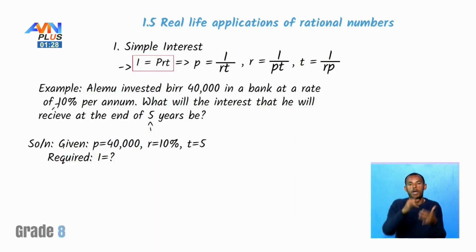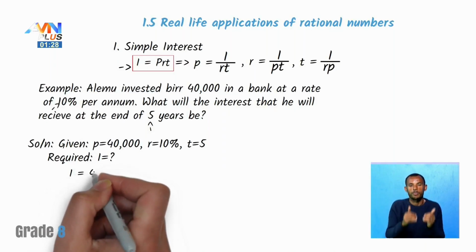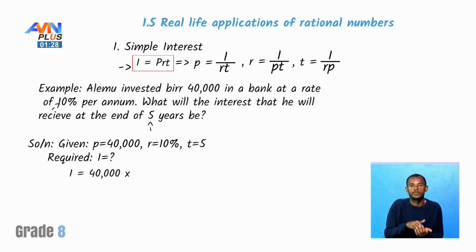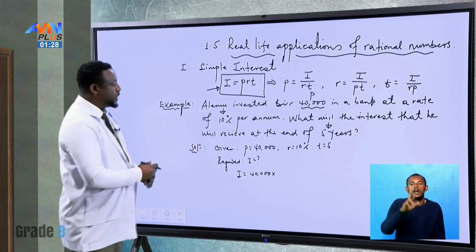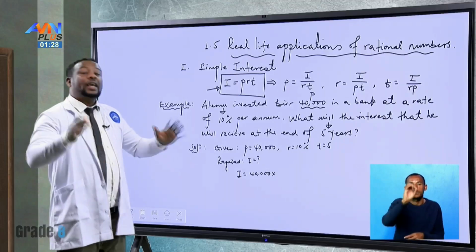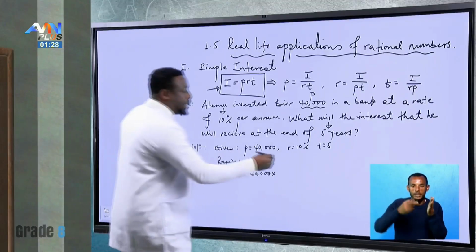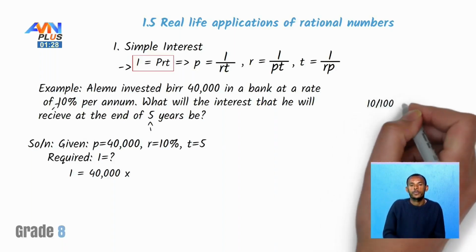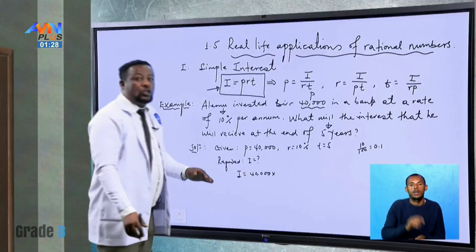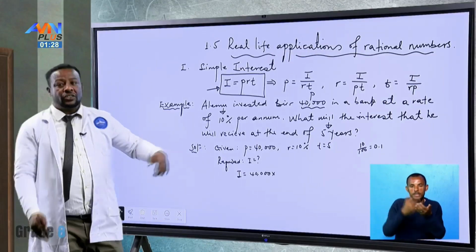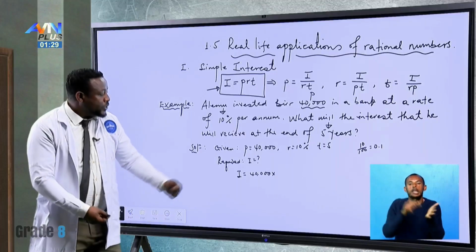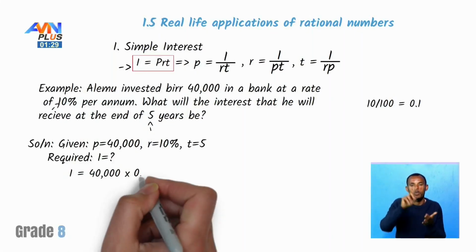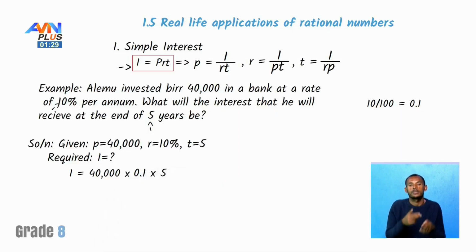I is equal to P, which is 40,000, times the rate, which is 10%. Okay, 10% means 10 over 100, which is 0.1. So you need to convert this percentage into decimal form. So in place of R, use 0.1, times T, which is 5.